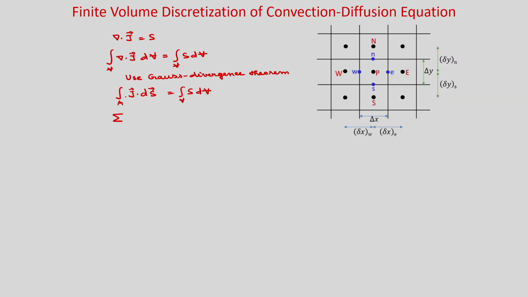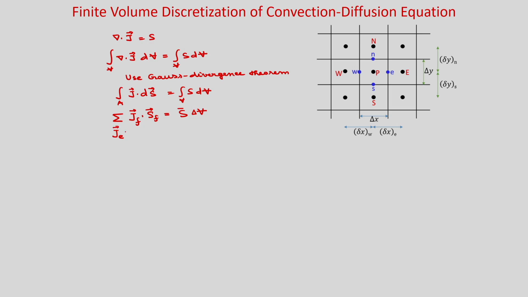For the volume integral of the source term also, the average value lies at the cell center P. With that, we can write the integral over the faces as the summation of J_f dot S_f, where S_f is the surface vector at the faces, equal to S bar, the average value at the cell center P, times delta V. We have 4 faces for this 2 dimensional case: east, west, north and south.